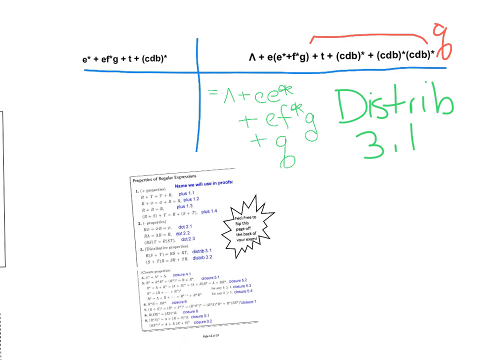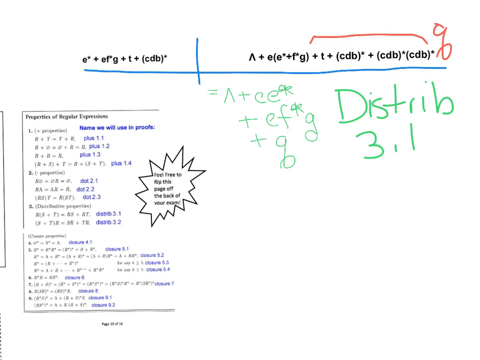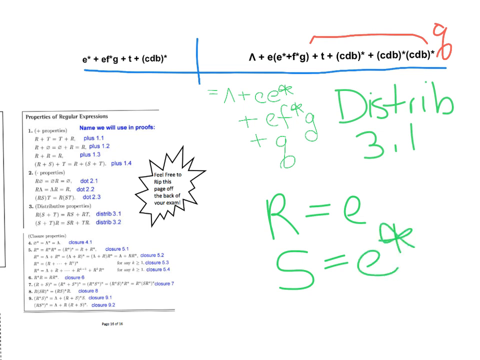So R is going to equal just an E, and S is going to equal an E star, and T is going to equal F star G.